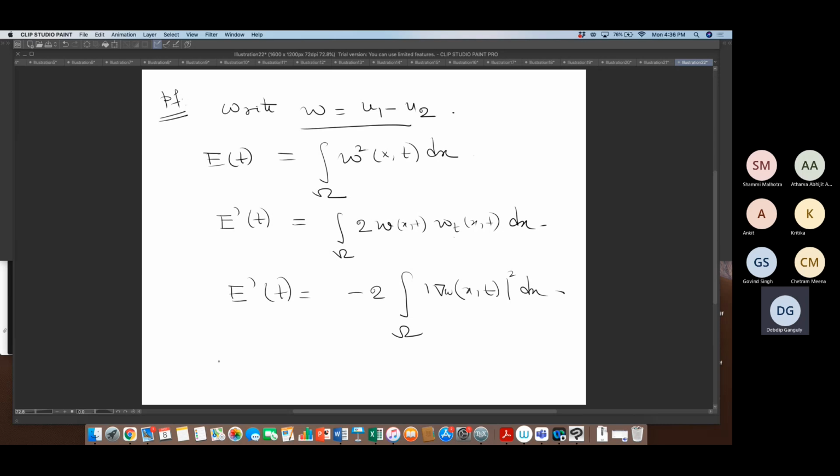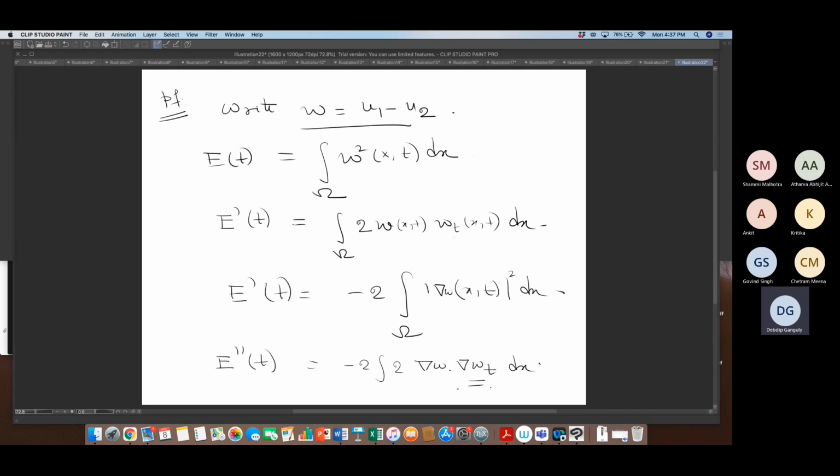Now what you will do? You take the double derivative in t. This will be minus 2 gradient W dot gradient Wt. So this will be 2 into gradient W dot gradient of Wt, the derivative with respect to t.